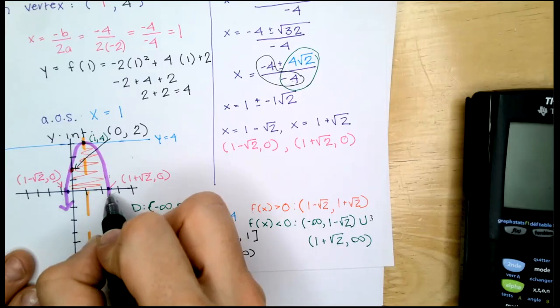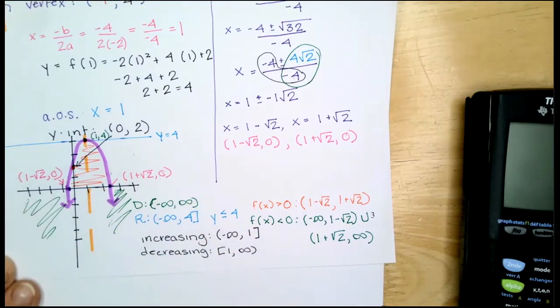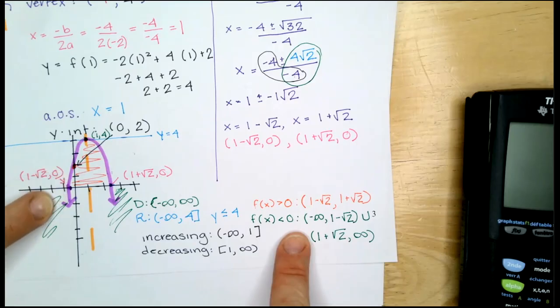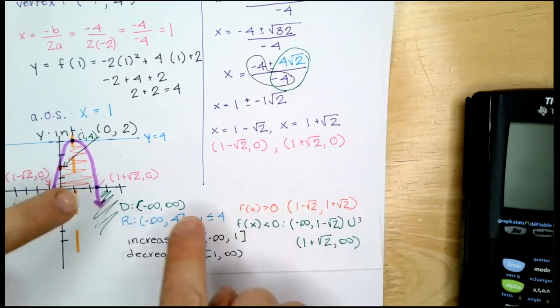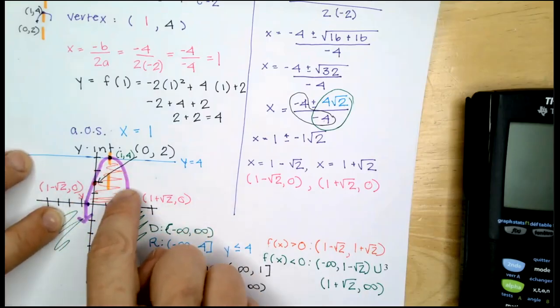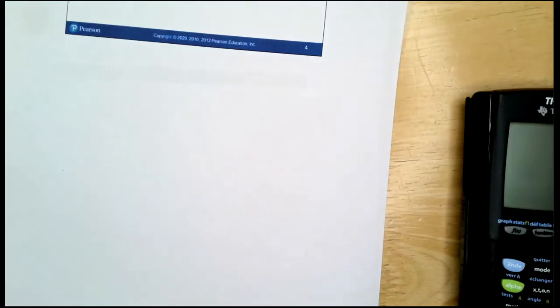So all of this and all of this. It is negative after that point and after that point in both directions, but it is positive between those 2 points. All right, I know. This is a lot.